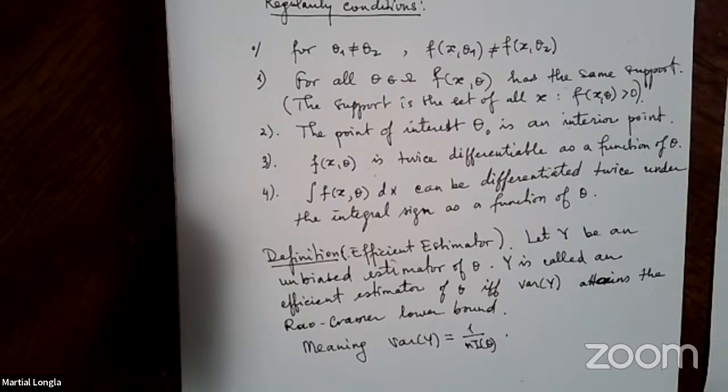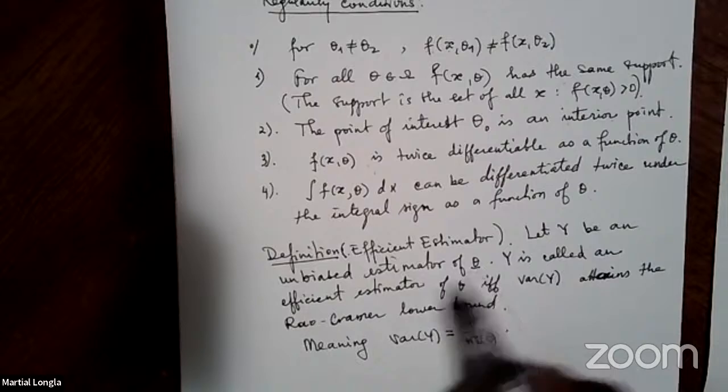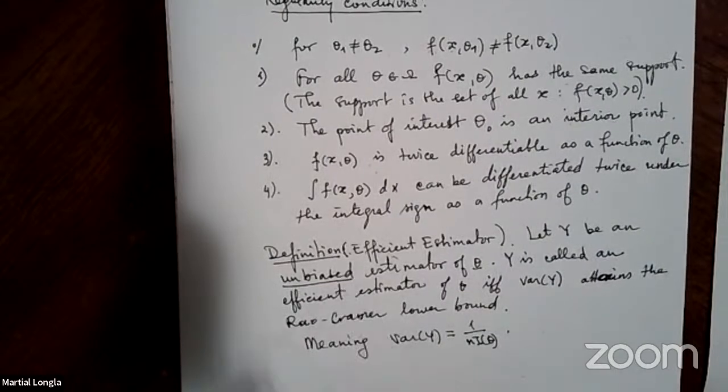So if we have that the variance of Y is equal to 1 over n I of theta, where Y is an unbiased estimator of theta, meaning that the expected value of Y is equal to theta, that's what it means.